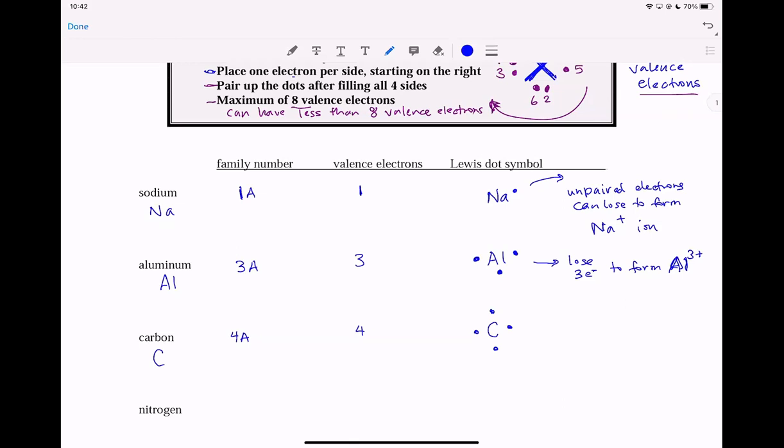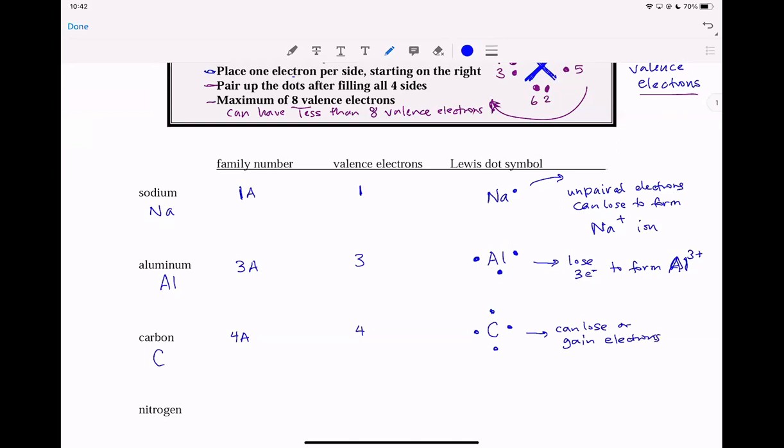Non-metals tend to form covalent compounds. Remember, a covalent compound is 2 or more non-metals. But carbon is also in the position where it can act as a non-metal in an ionic compound. So in that process, carbon can actually gain or lose electrons.